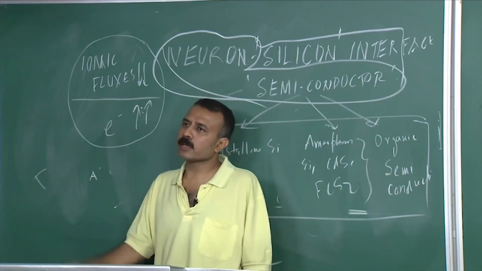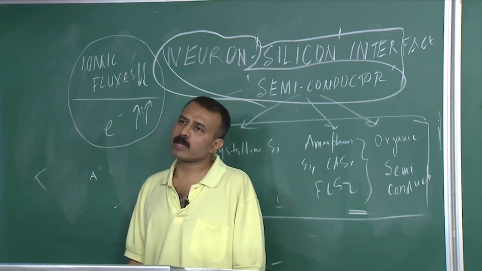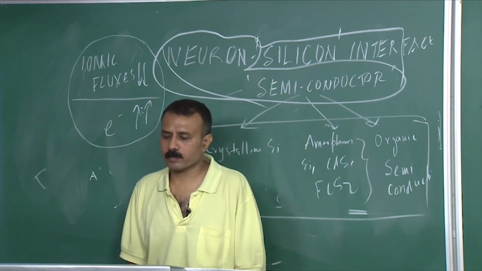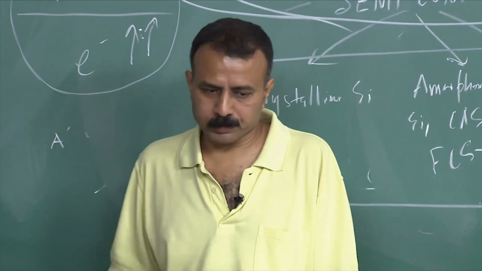So, you are interfacing two systems whose charge carrier mobility is totally different. The difference of mobility is the fundamental difference of these two information processors. So, you are marrying an ionic system with an electronic system.